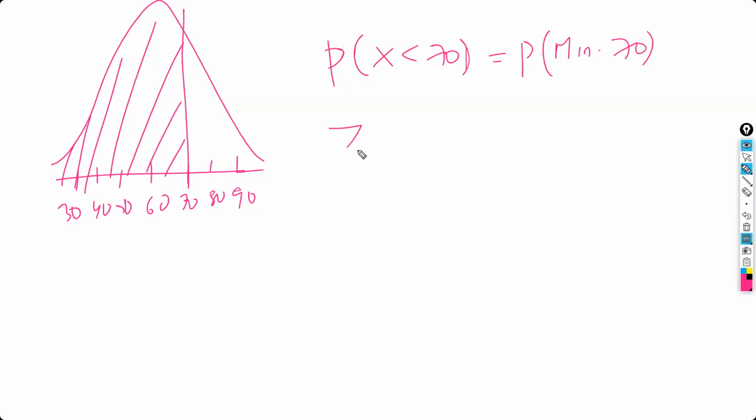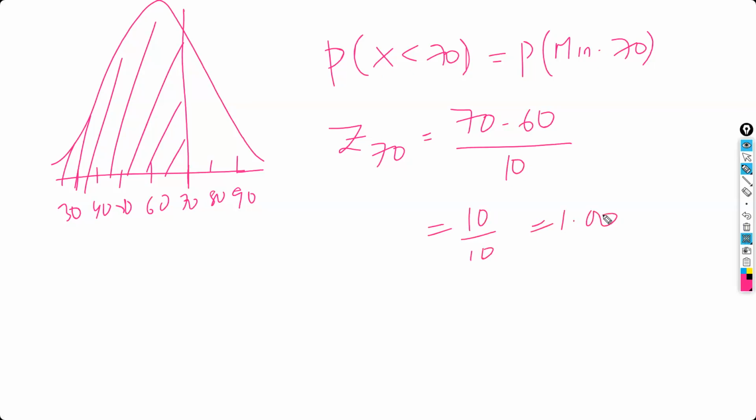Now z of 70 is 70 minus 60 divided by 10, which is 10 by 10, that is 1.00, up to 2 decimals.